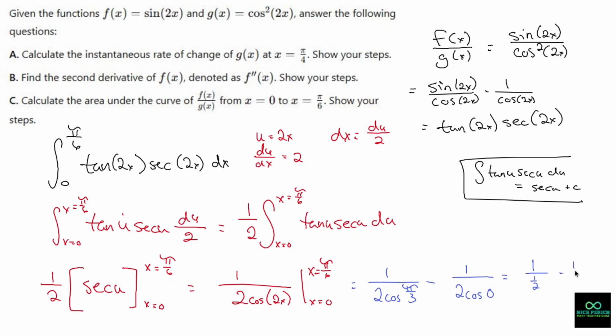Oh, did I forget something? I did. 2 times 1/2, oh boy. So it's 1 over 2 times 1/2, which would change things, minus 1 over 2 times cosine of 0, which is 1. So I get 1 over half of 2, which is 1, minus 1 over 2 times 1, which is 1/2. And when all is said and done, I get 1/2.